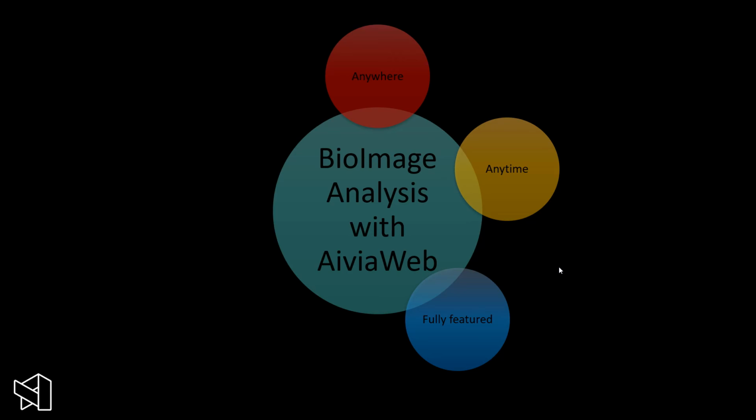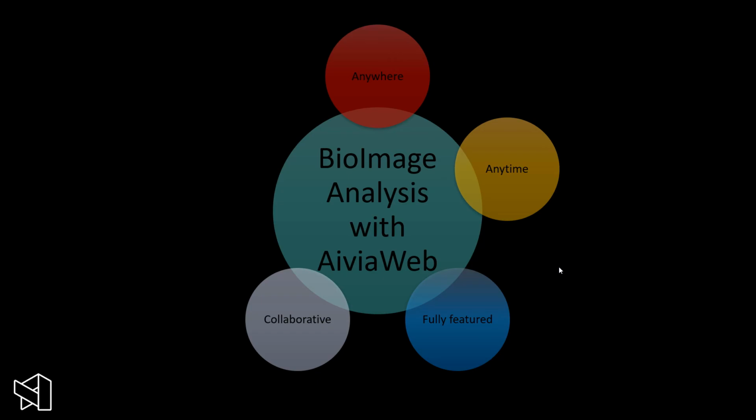It allows you to collaborate with any partner, maybe just across the street, or you may be on a different continent. And it is a cost-effective solution for several use cases. Specifically, if your data already lives in the cloud, then you're a good candidate for benefiting from the functionality of Aivia Web.